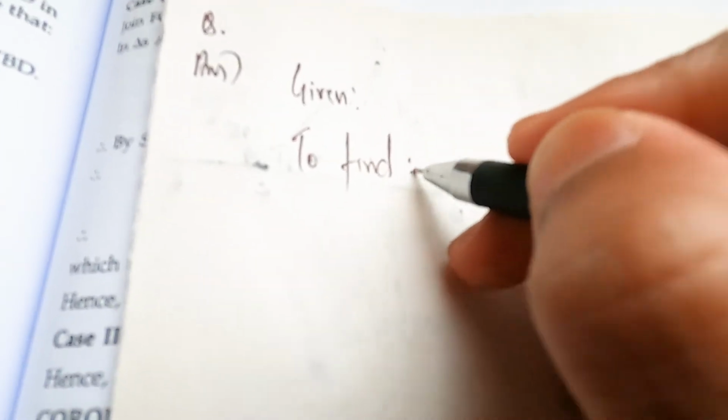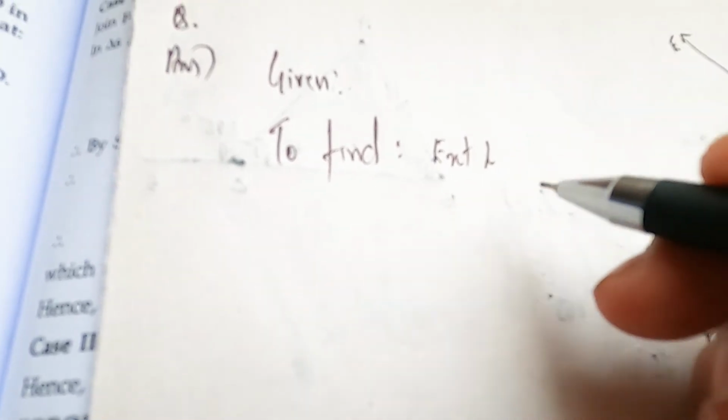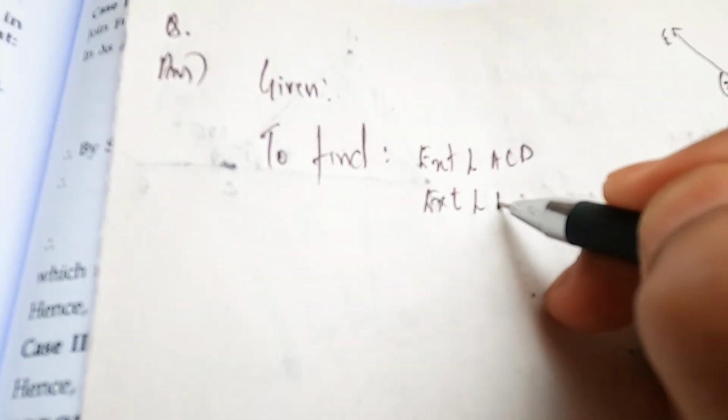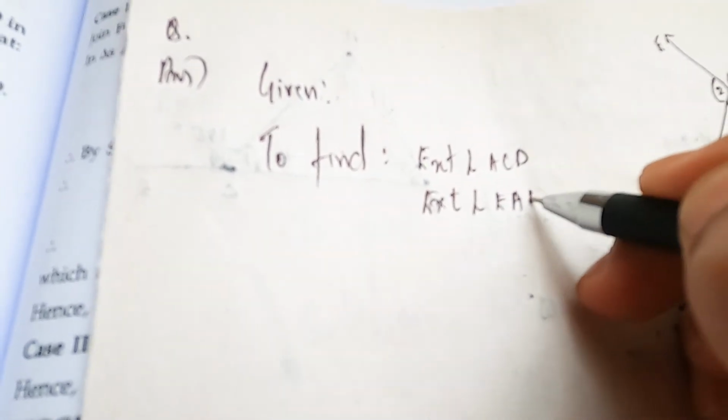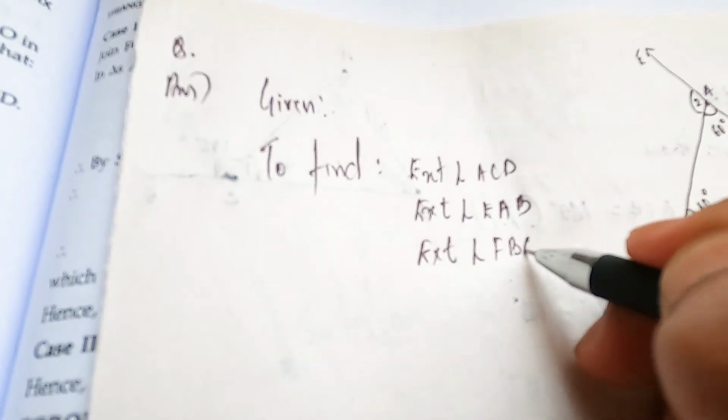So answer. So given, you will write it down by yourself. Then to find, what do we have to find? We have to find exterior angle ACD, exterior angle EAB, and exterior angle FBC.